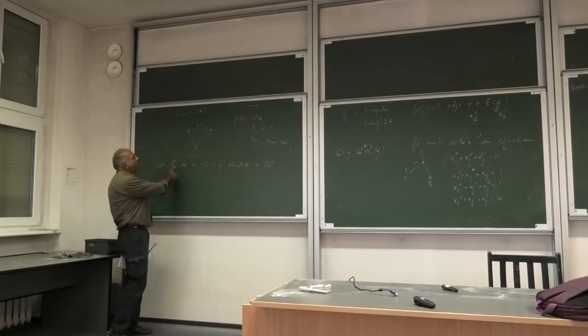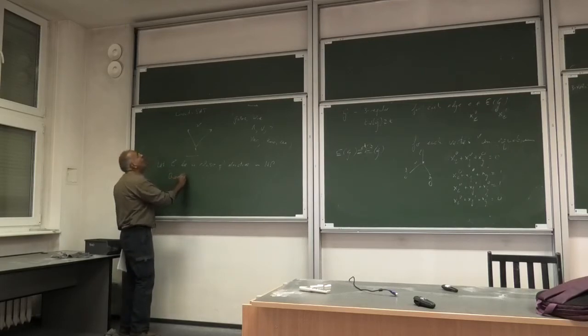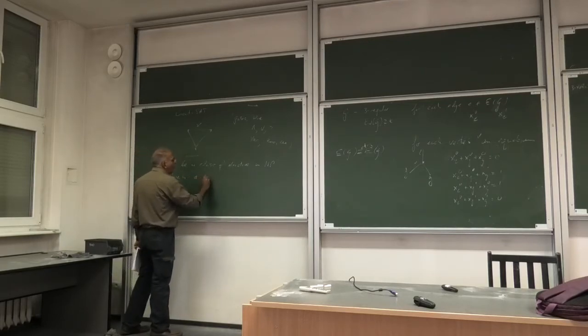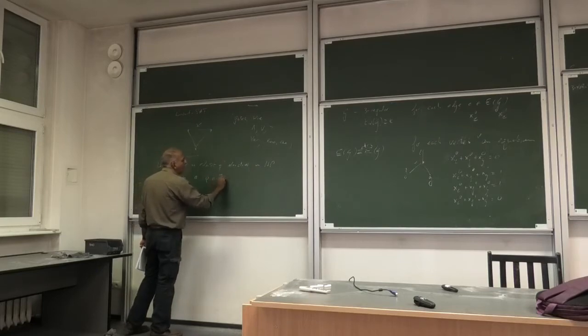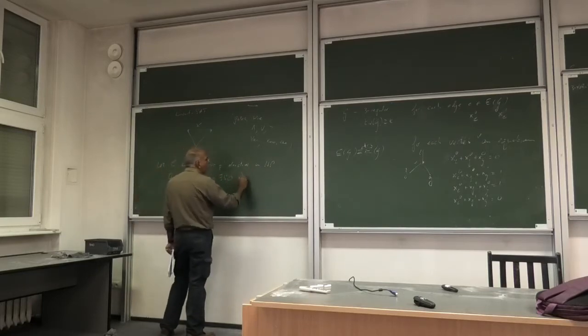I want to give a reduction from C to this. Because it's in NP, there is a formula phi of existential second order logic that defines it.